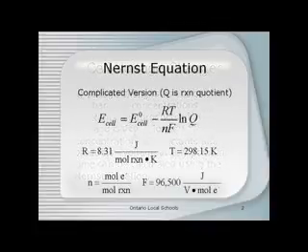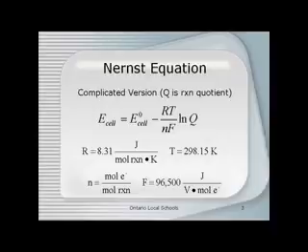We're going to look at several versions of the Nernst equation. Here's the complicated version, and Q, remember from our equilibrium studies, is the reaction quotient. If the reaction is at equilibrium, then Q is equal to K. In a battery system or a voltaic cell system, if the reaction is at equilibrium, there's no more cell discharge, no net electron flow taking place, so you don't get any activity that can be measured.